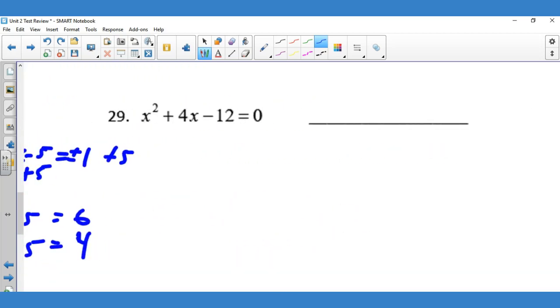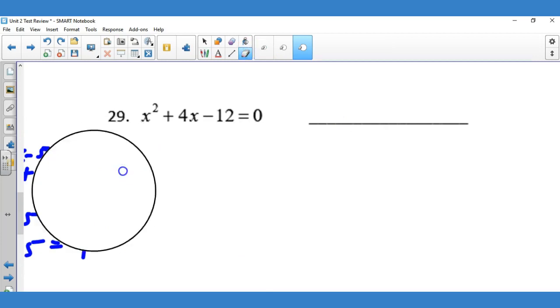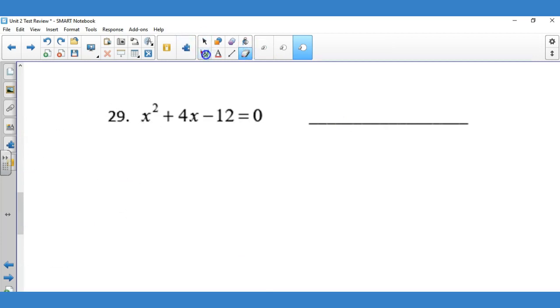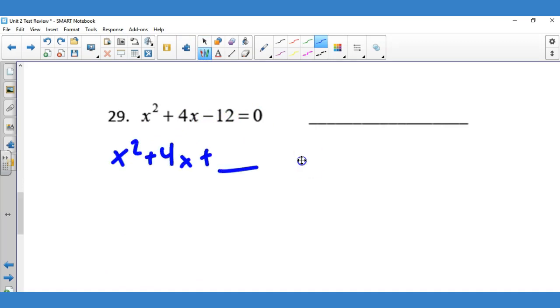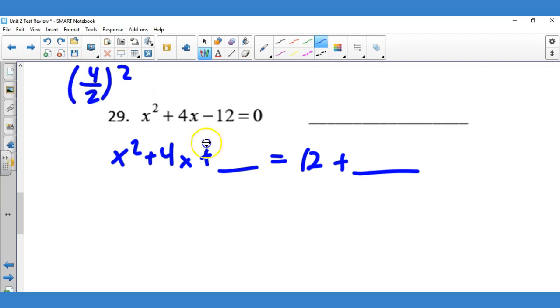And number 29. Alright, move the constant. Now, 4 is our b, so we're going to divide that by 2 and square it. That's 2. 2 squared is 4.